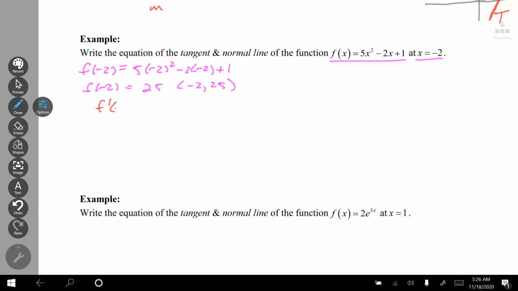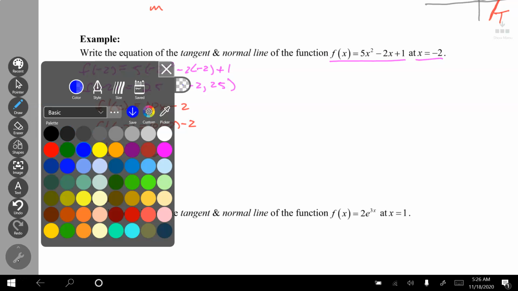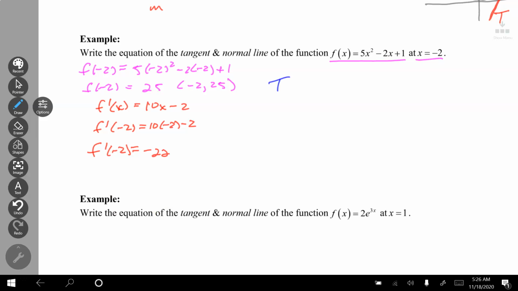I take the derivative of this function. I get 10x minus 2. I plug in negative 2. I get 10 times negative 2 minus 2. F prime of negative 2 is equal to negative 22. I can write my tangent line.